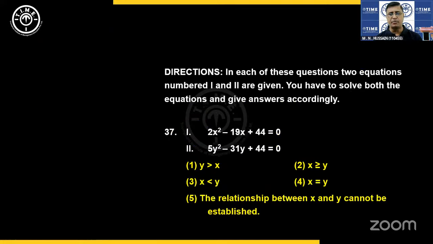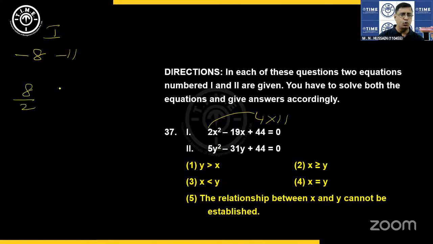Look at the next example. 2x square minus 19x plus 44. 44 means 4 into 11. 2 into 4 is equal to 8. 8 plus 11, that is 19. So minus 8 minus 11 are the factors. Means here 8 by 2, 11 by 2 are the roots of the first quadratic equation.